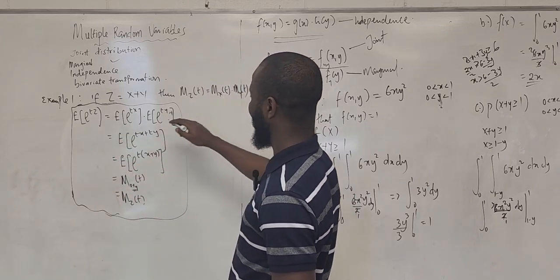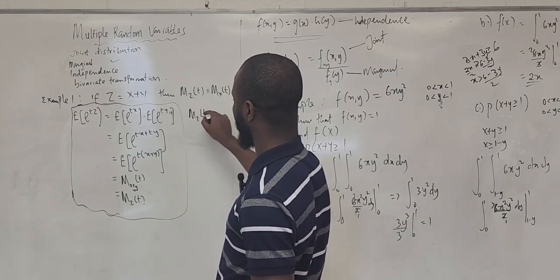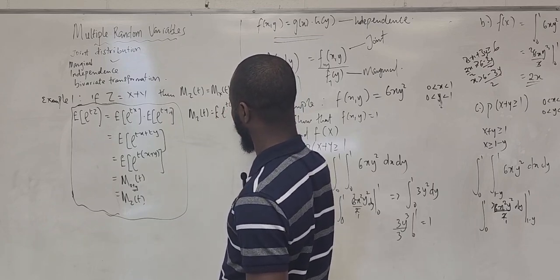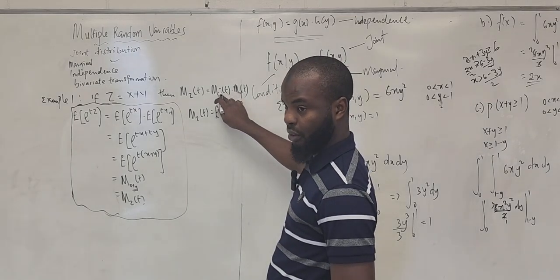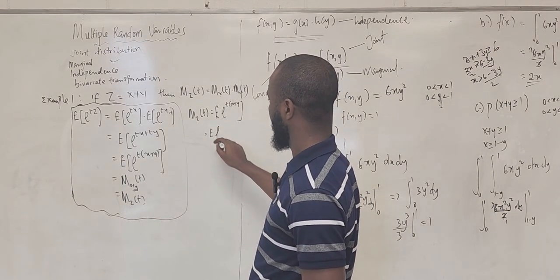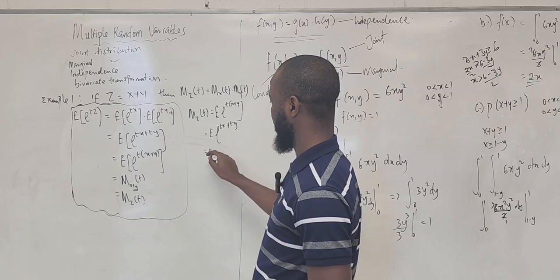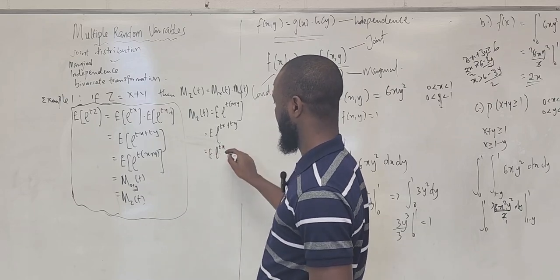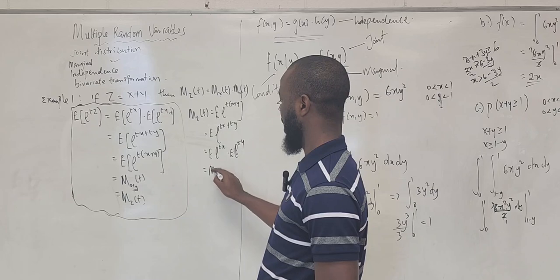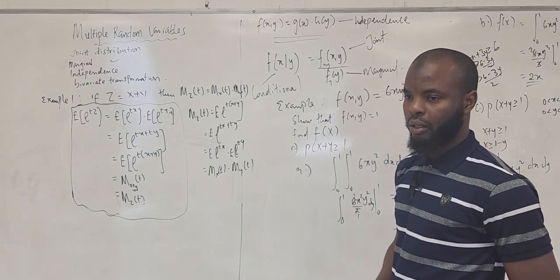You have MZ of t equals E of e to the t(x plus y), which is the same thing as E of e to the tx plus ty, which is e to the tx times e to the ty, which is Mx of t times My of t, if X and Y are independent.